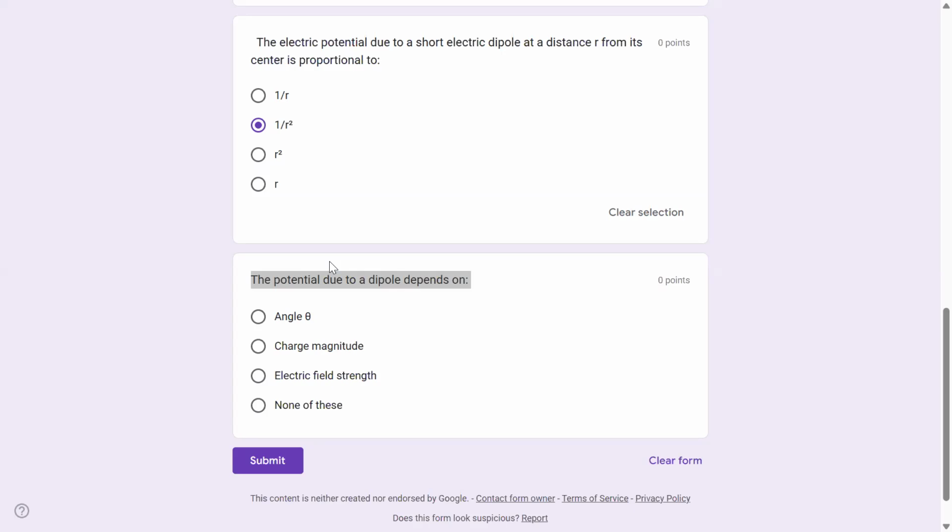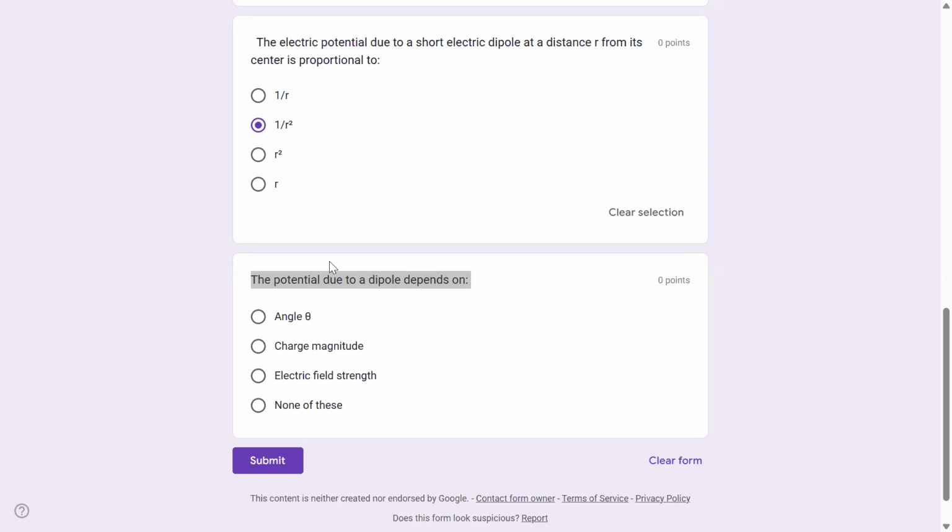So the formula, already you know, is 1 by 4 pi epsilon naught P cos theta by r square. We can choose that for the axial line or equatorial line. In both cases, only one term is very important, that is the angle. If the angle is 0 or 90 degree, it will impact the potential.